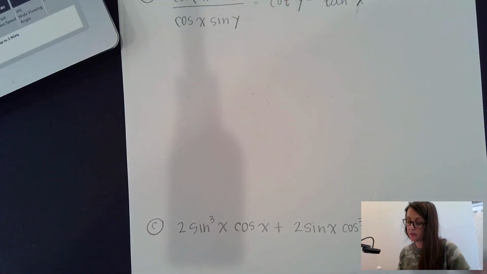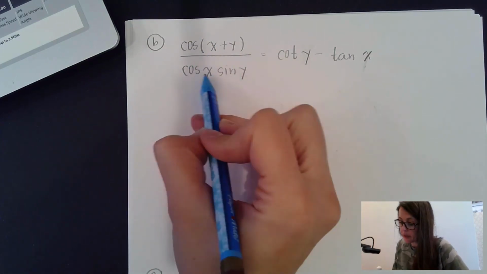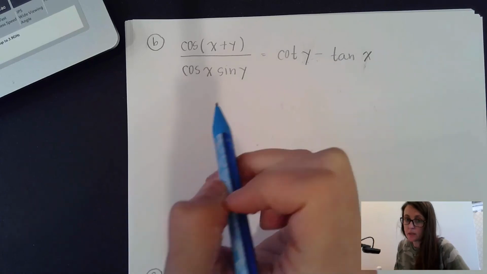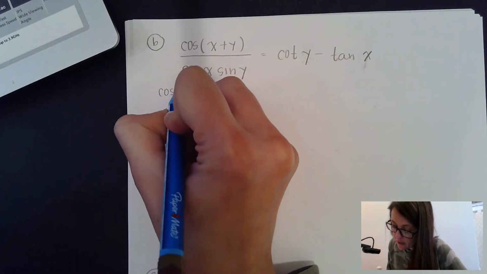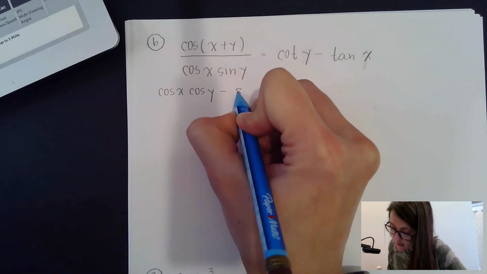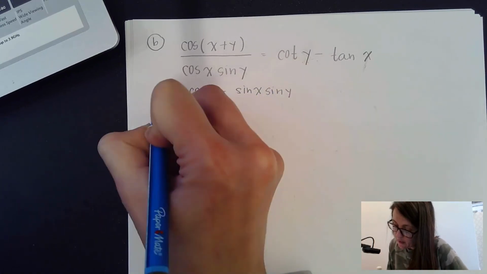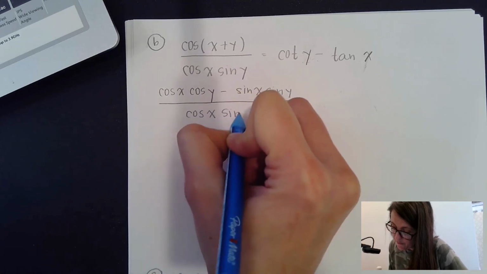Alright, so here we've got cosine of x plus y over cosine of x sine of y. I want to change that to cotangent minus tangent. So let's go ahead and expand this. So this is going to be cosine of x cosine of y minus sine of x sine of y all over cosine of x sine of y.